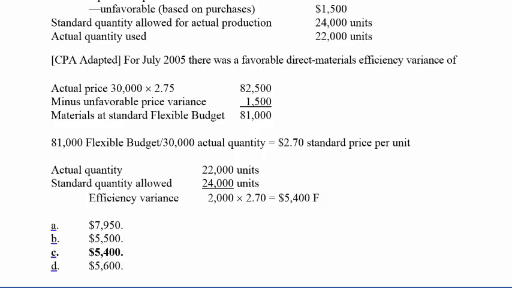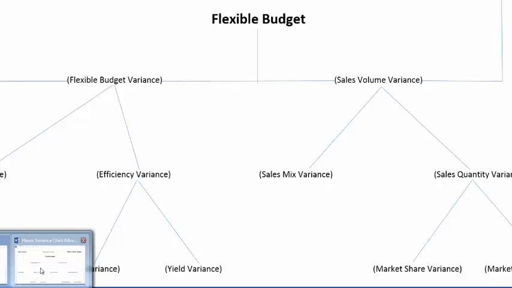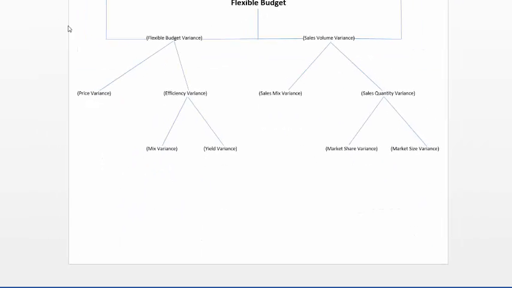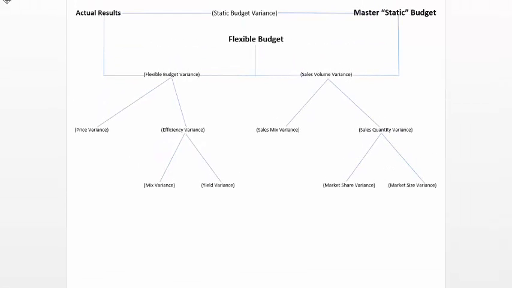Again, if you guys were to go back and pull this little chart up here, again, I can't get the whole thing in here. Let me reduce this down for you. Here we go. Again, here's our actual results.